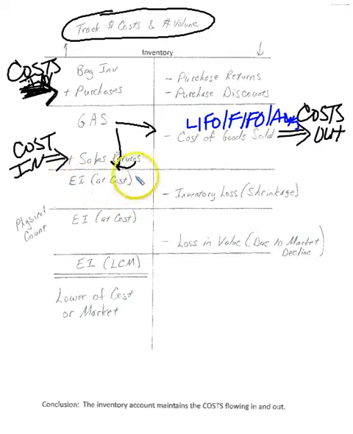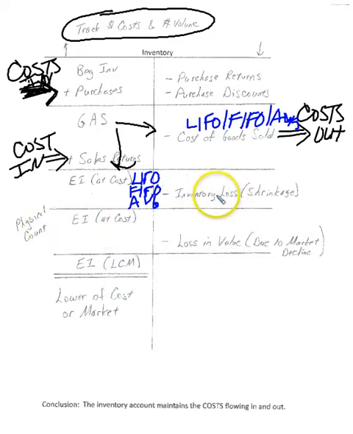And so we have ending inventory at cost, and again, that could be a LIFO cost, a FIFO cost, or a weighted average cost.